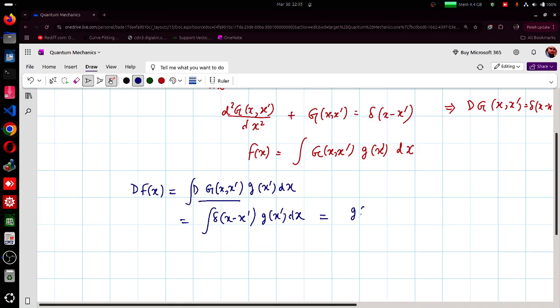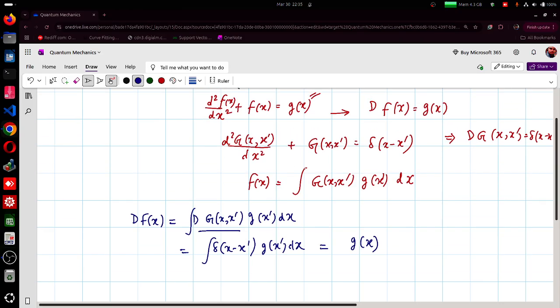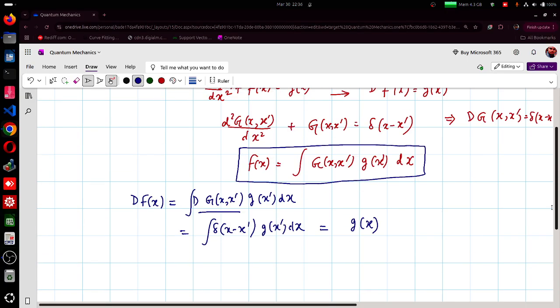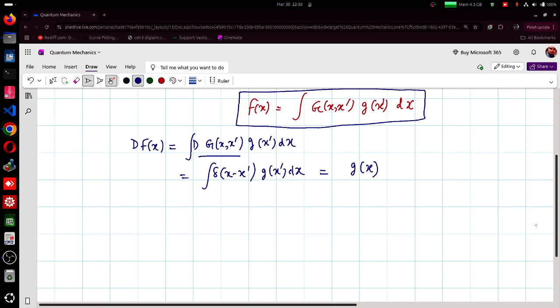It is nothing but g(x), from the definition of the delta function. So you are getting the problem itself, the equation which we are interested to solve. So f(x) is a granted solution. Here we have expressed our solution in terms of the Green's function.